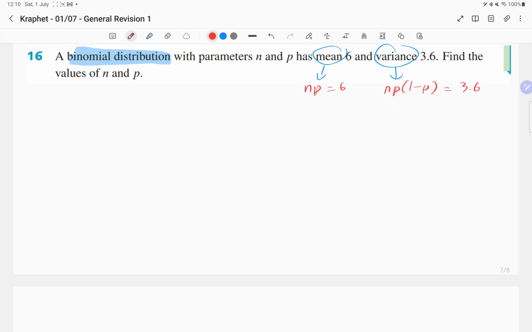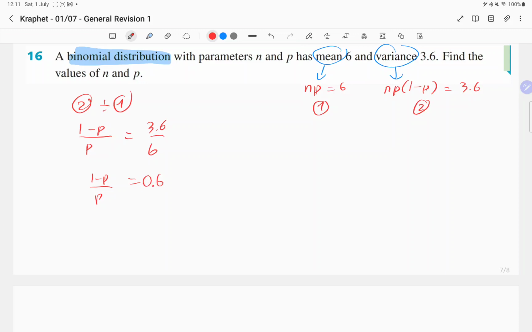Well, simultaneous equation. That's equation 1, that's equation 2. I go equation 2 divided by equation 1. So I've got 1 minus p divided by p, because the n is gone, equals 3.6 divided by 6. Once again, to work this out, just take 36 divided by 6 is 6, but put back 1 decimal place, so that will be 0.6.